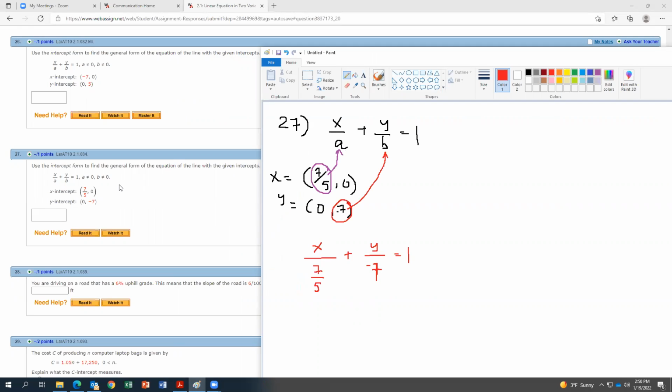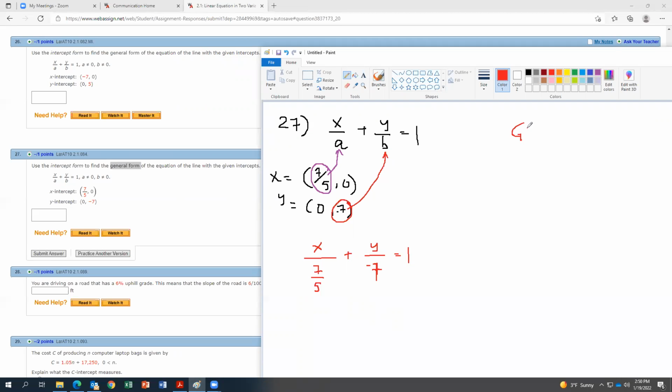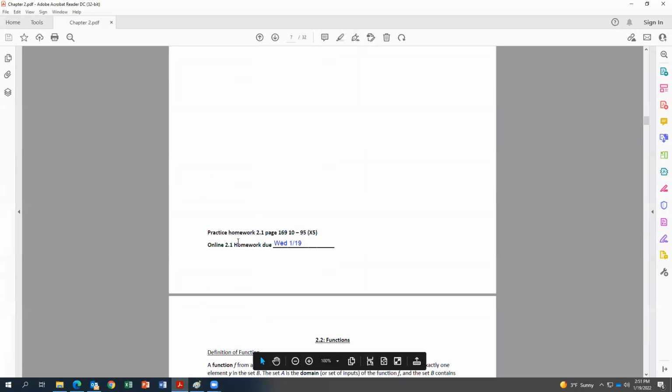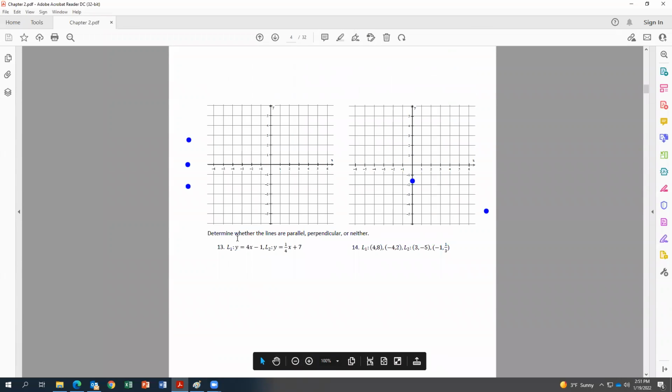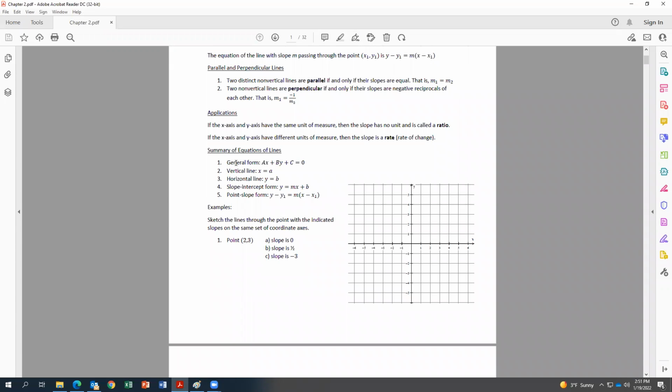Now, on number 27, they want you to use the intercept form to find the general form. What is the general form of an equation? Let me check my notes here. The general form is Ax plus By plus C equals 0.